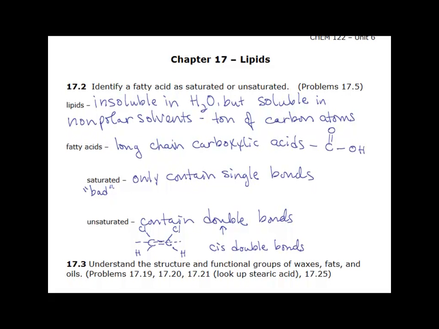So you want to stay away from saturated fats, whereas unsaturated fats are good fats. All this talk about fish oil, that's an unsaturated fat, unsaturated oil, triacylglycerol, which we'll get to in a second. But the reason these unsaturated fats are good for you is your body can make other molecules from these fats.